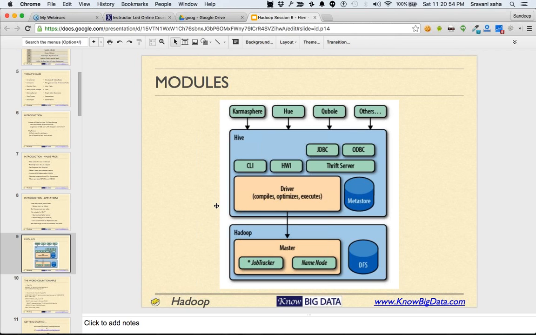Now on top of this driver and Metastore is the layer of services. One service is the Thrift server. Thrift is a service-oriented architecture component. It is a server using which you can create your own service and have the client developed in almost all languages. If today you are launching a service to be used by millions of people, having a Thrift server is a great idea.